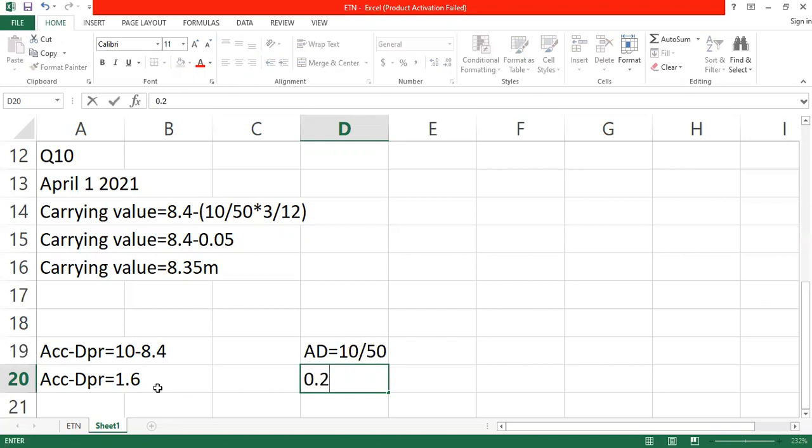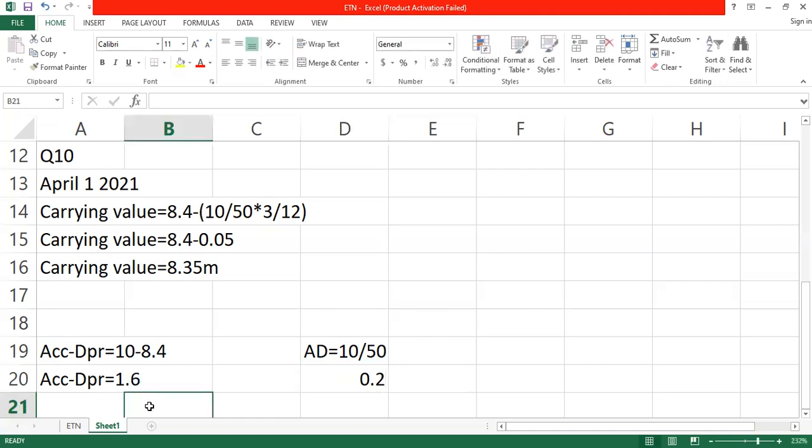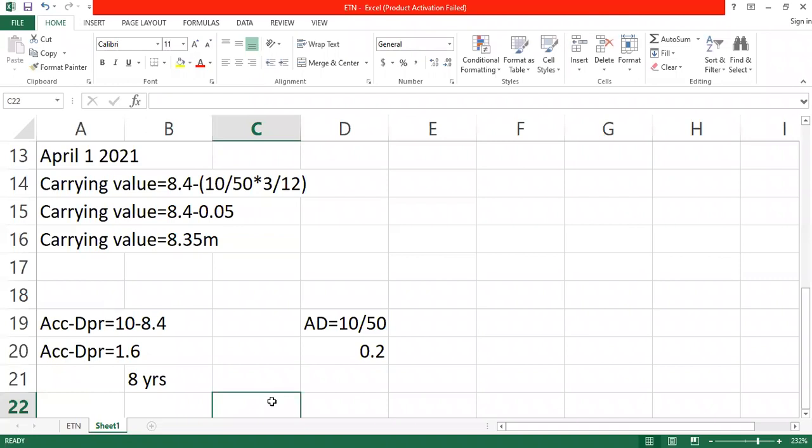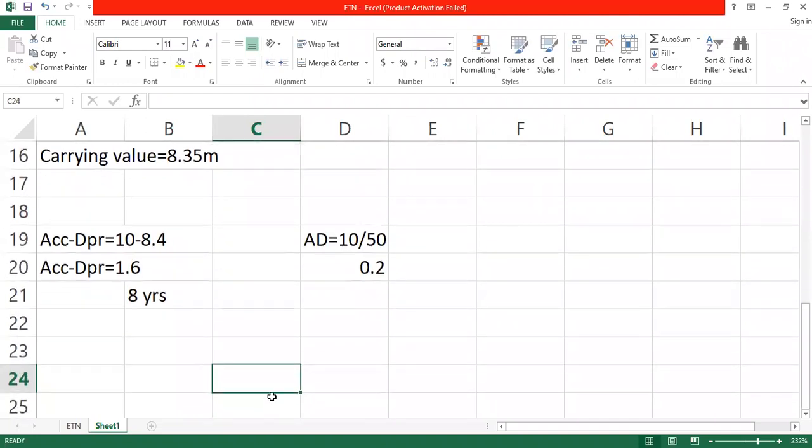So this 1.6 was 0.2 accumulated for a number of years. So we multiply the 0.2 by a certain number of years to get 1.6. What is that number of years? We just divide 1.6 by 0.2 and we get 8 years. It means that the asset has been used for 8 years. So we cannot calculate our carrying amount simply like this.